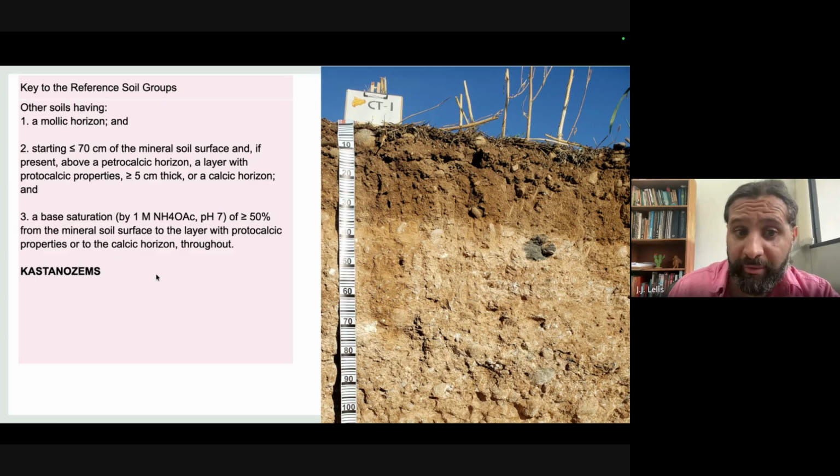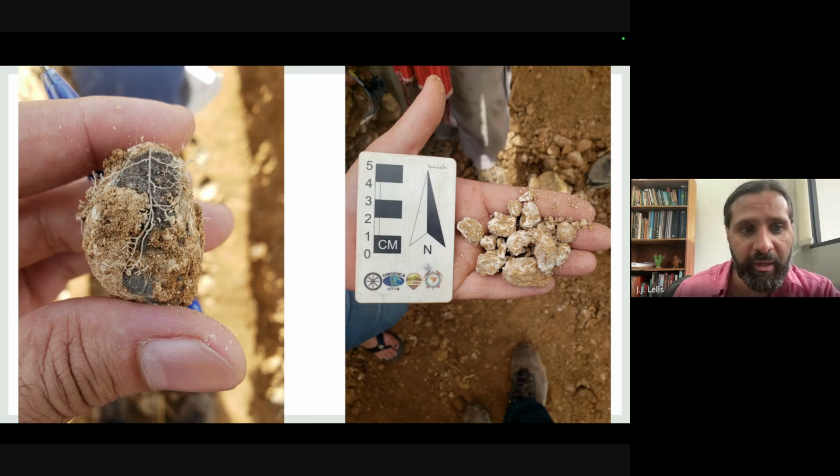So a soil that cannot be classified as previous, especially the chernozems, with a mollic horizon above a calcic horizon, a petrocalcic horizon, or a horizon with protocalcic properties. Here we can see, for example, these roots with some calcium carbonate precipitation.